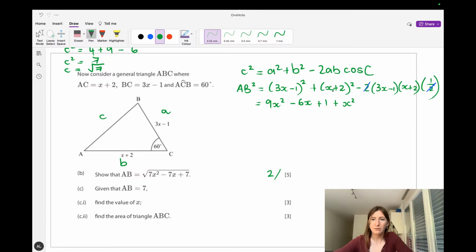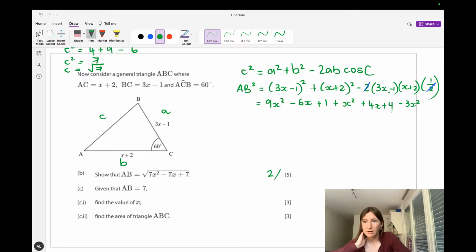That will be 2x plus 4x plus 4. Oh my goodness. Now, 3x times x is 3x squared, and that's minus 3x squared. With this negative out here, we just don't want to get caught with that.